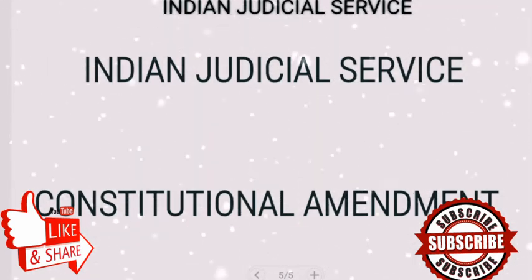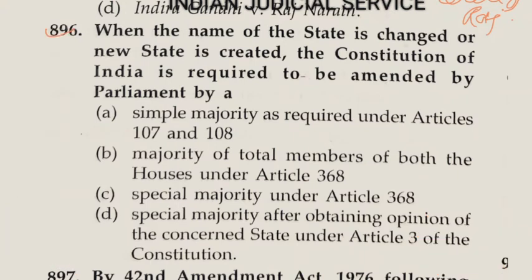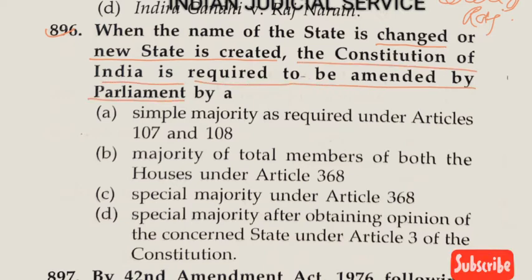Let's get started. Question number 896. When the name of a state is changed or a new state is created, the Constitution of India is required to be amended by Parliament by: option A, simple majority as required under Articles 107, 108.